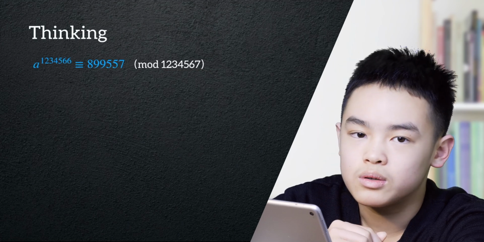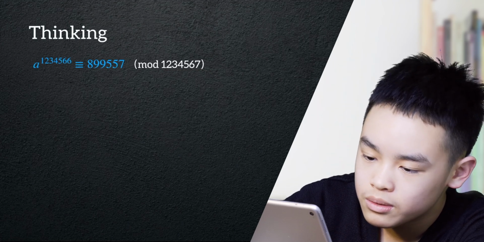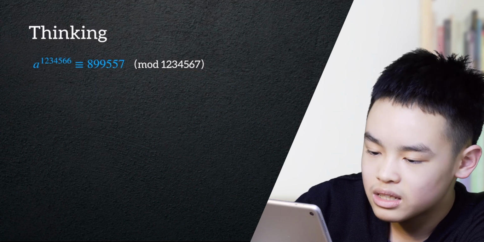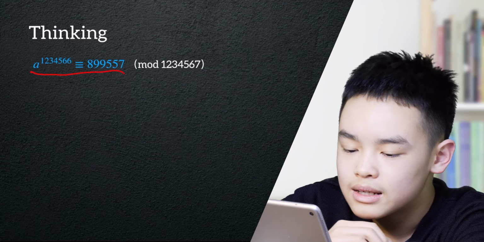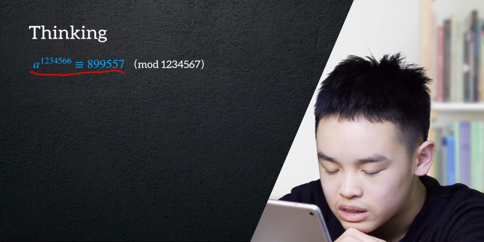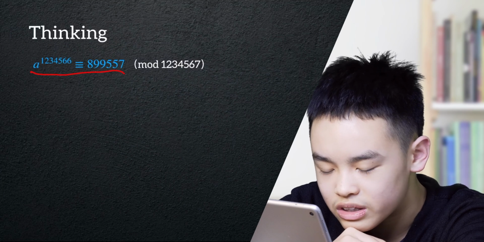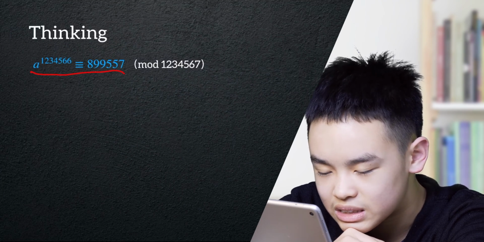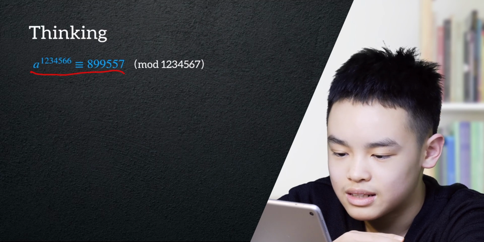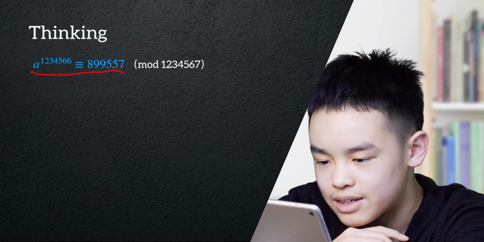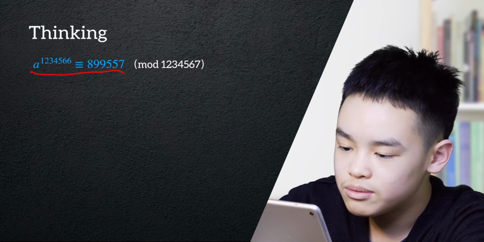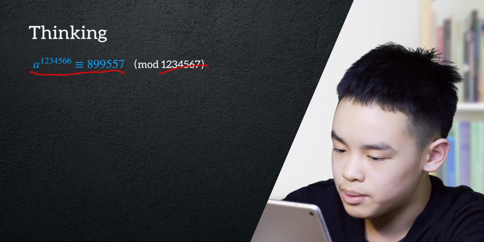So we want to know if this is a prime number or not, and if we know that a to the 1,234,566 power is congruent to 899,557 modulo 1,234,567, then we know that it is not a prime number.